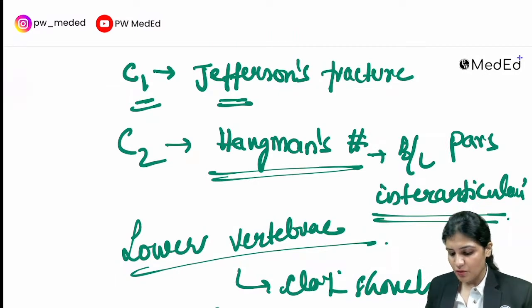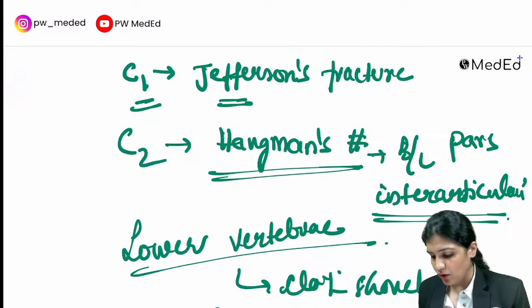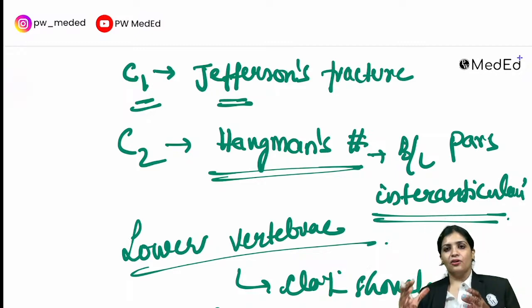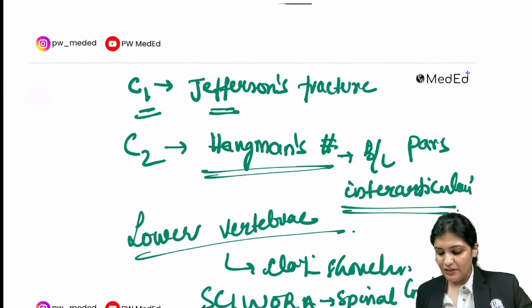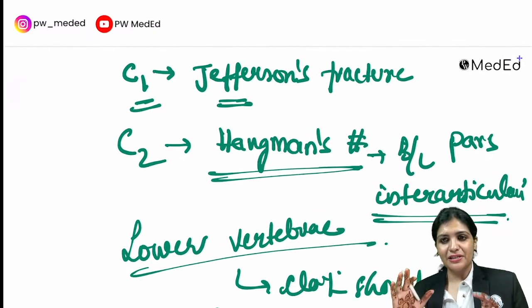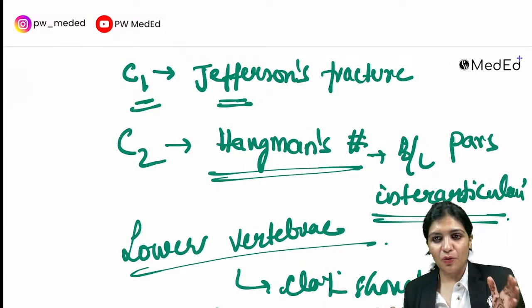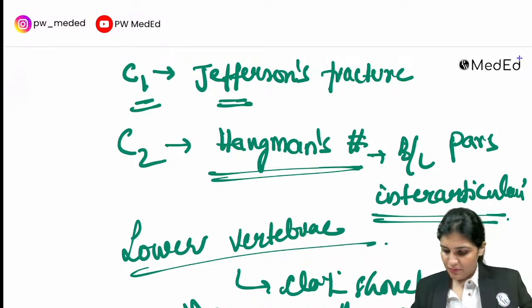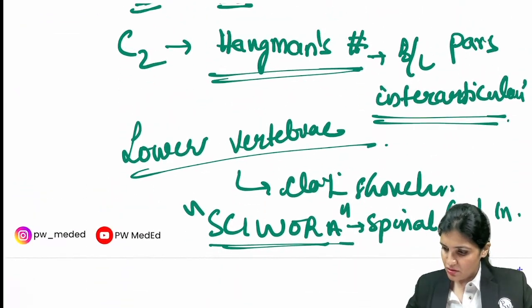right? And what is SCIWORA? SCIWORA is nothing but spinal cord involvement without radiological assessment, right? So whenever there are no radiological features seen, but still there is a spinal cord involvement, that is called SCIWORA. So let me write it clearly.